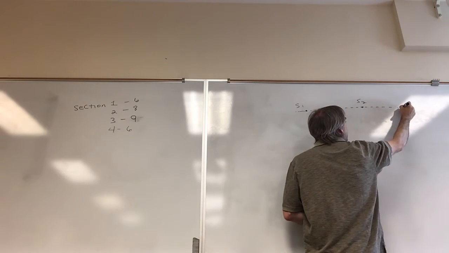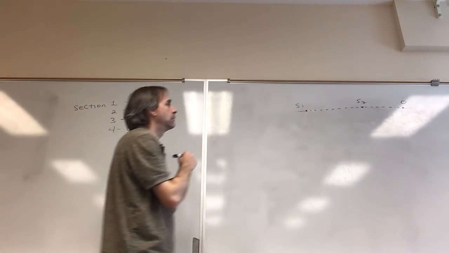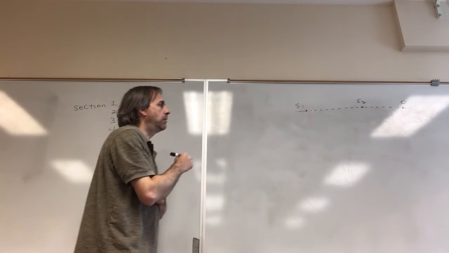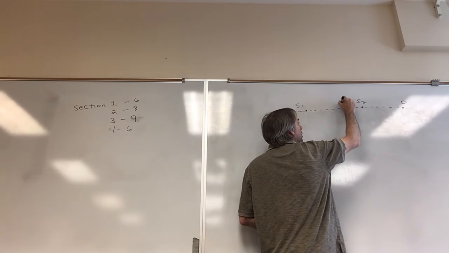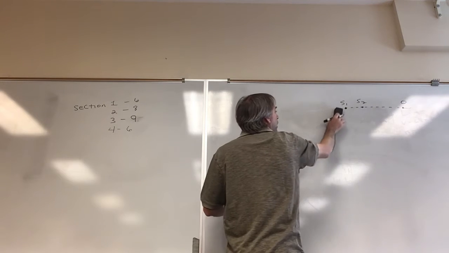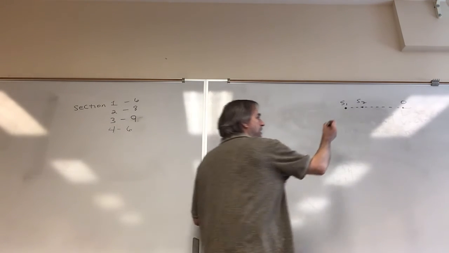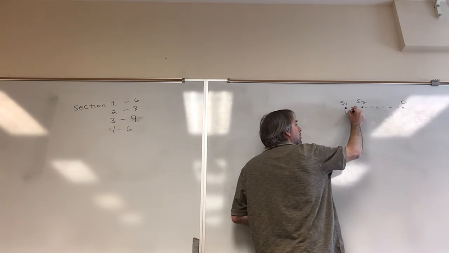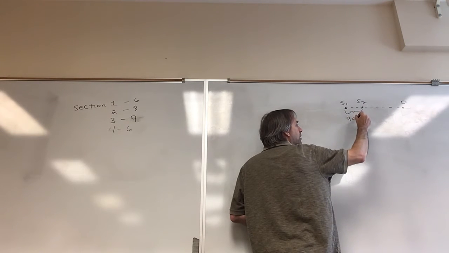So let's say we have an observer over here. Now, I'm going to change this picture a little bit. We'll just put S1 and S2 closer together. Let's say this is nine centimeters.